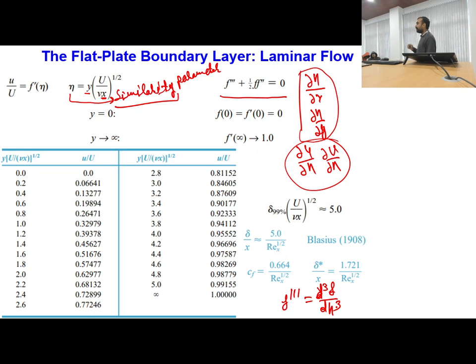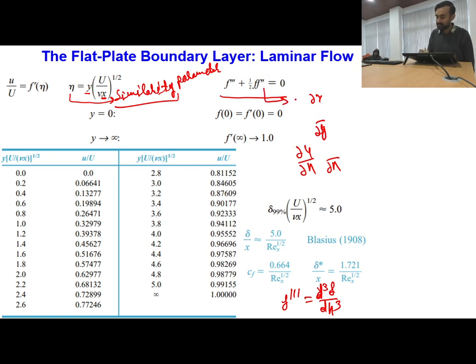In the xy coordinate system we had dependence on two parameters, x and y, but eta combines both dependences into a single similarity parameter. So now my differentials are ordinary differentials. So f triple dash plus half of f into f double dash is equal to 0. This is the famous equation called the Blasius equation.